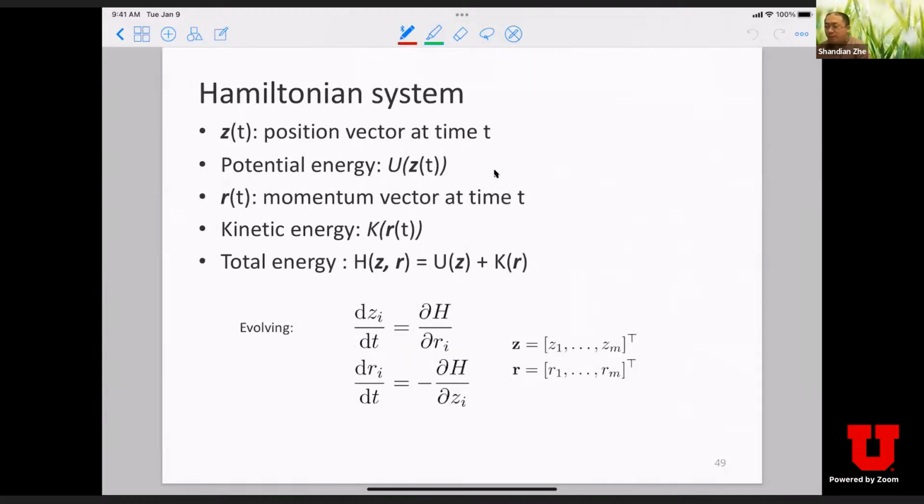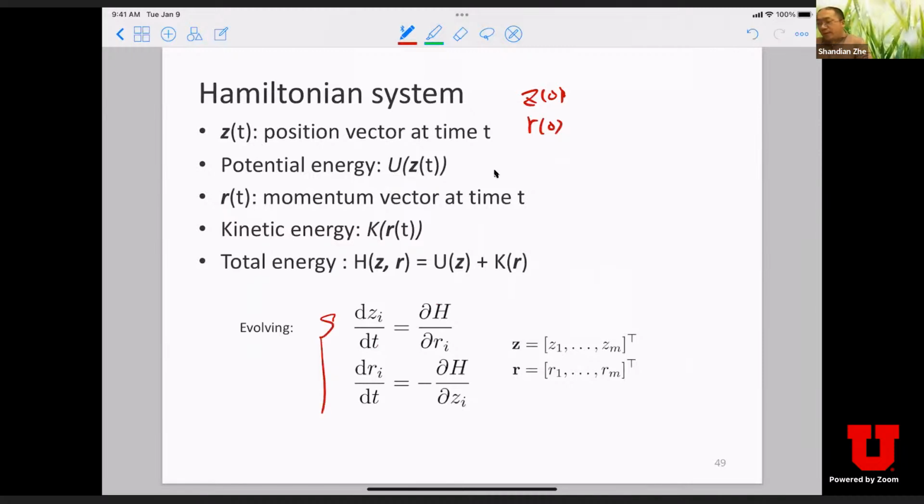So next, I'm going to introduce the rule which governs this Hamiltonian system. Starting from any initial position and momentum, like z_0 and r_0, the evolution of the system, namely how the position and momentum vary along with time t, can be described by this set of ODEs, ordinary differential equations.